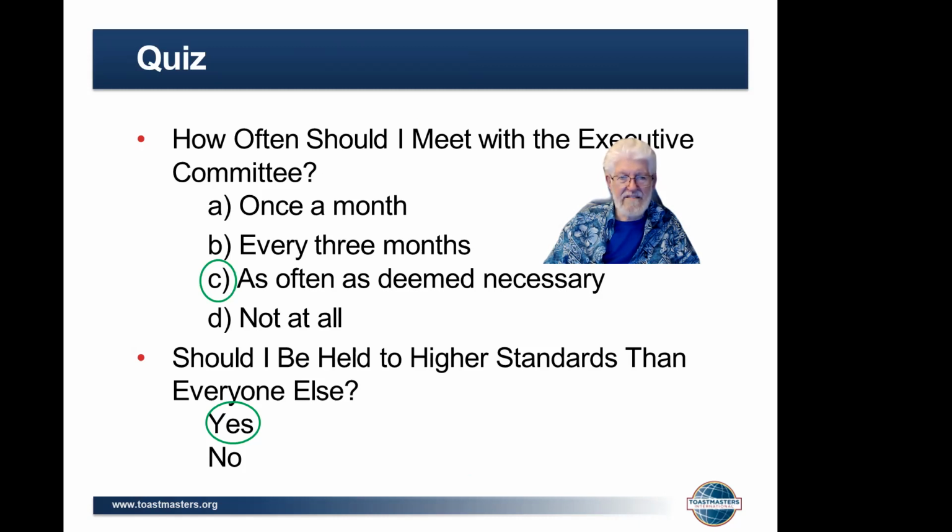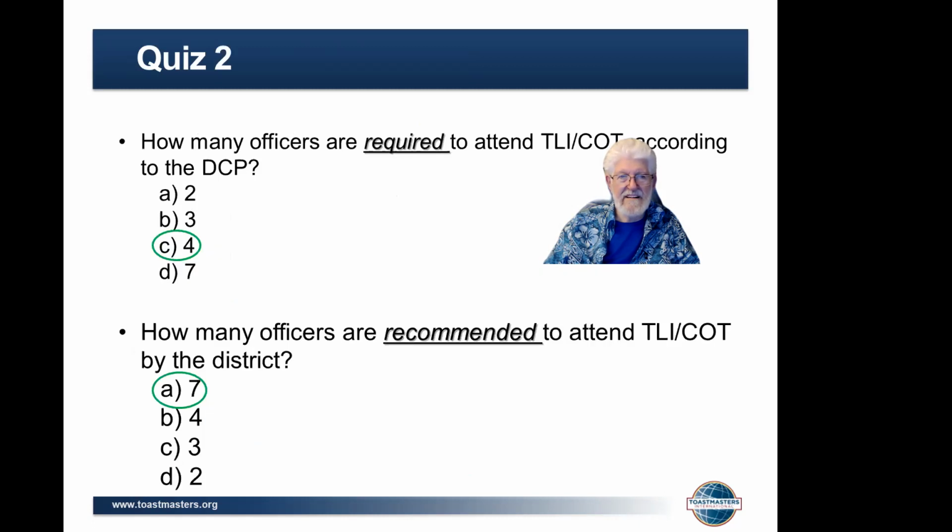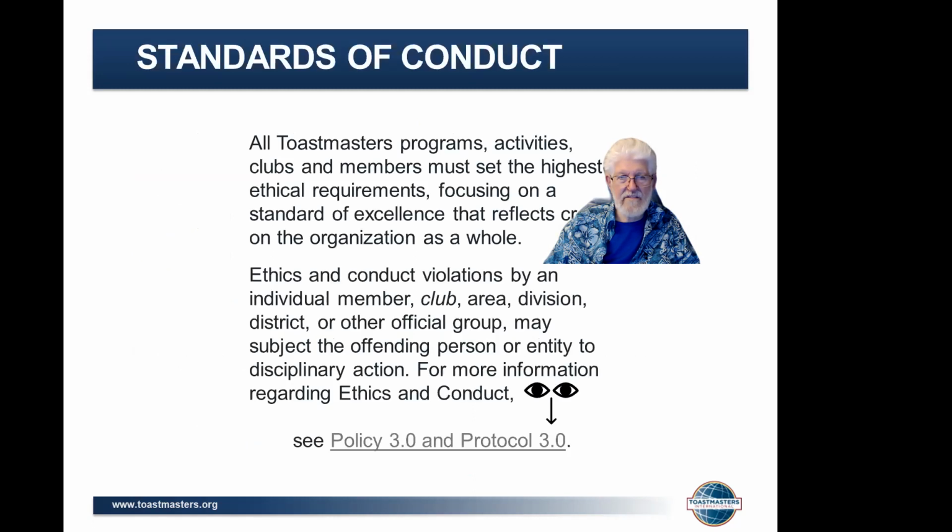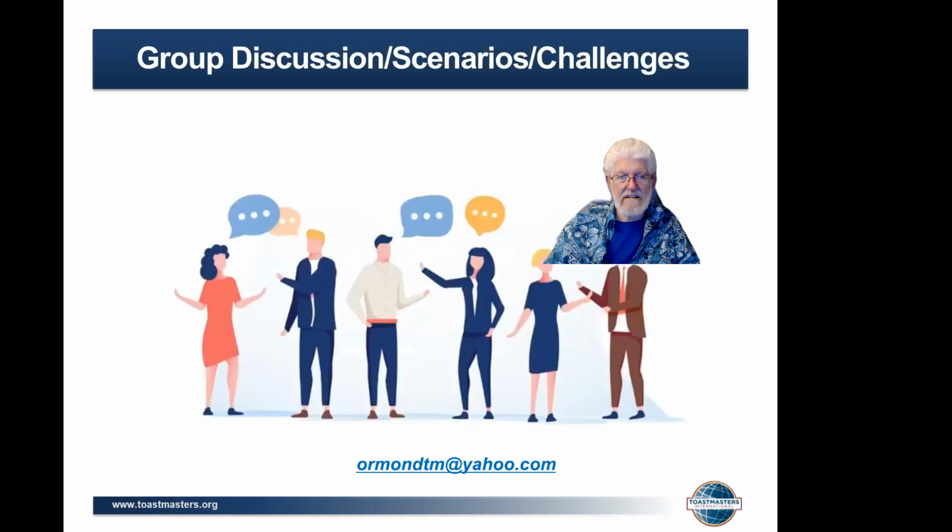And they're expected to have a high standard. How many offices are required? Well, as you can see, there's multiple answers. There are true or false questions. Standards of conduct, and look up the policy.